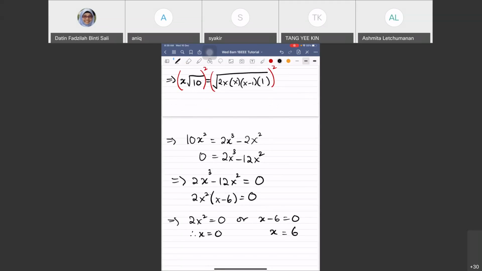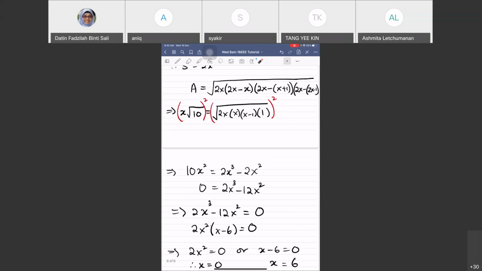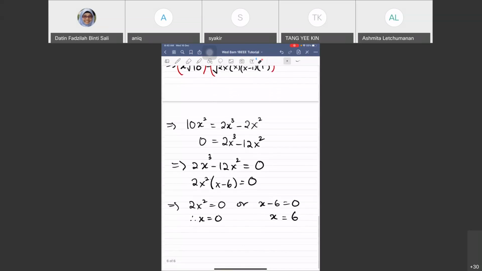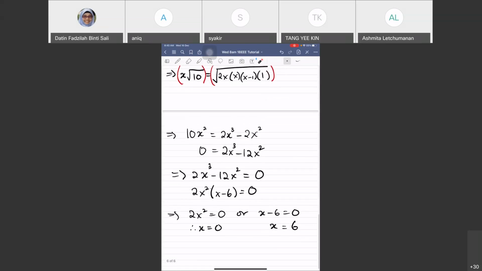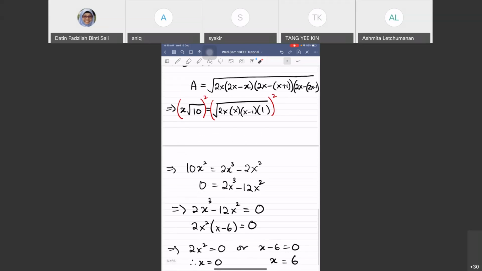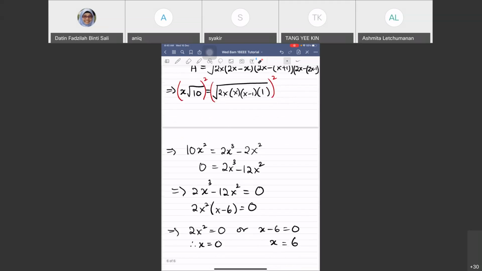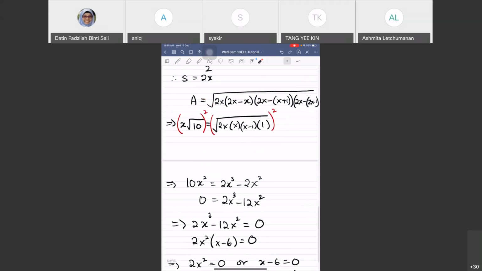Now, because we squared from the beginning, to get rid of the square root, we square. So that means we do something about the original equation. And if you recall what I mentioned last time, every time you are dealing with an equation with a square root, you square, so your final answer, you must always check. You must always check by substituting your values, x equals 0, x equals 6, into the equation.